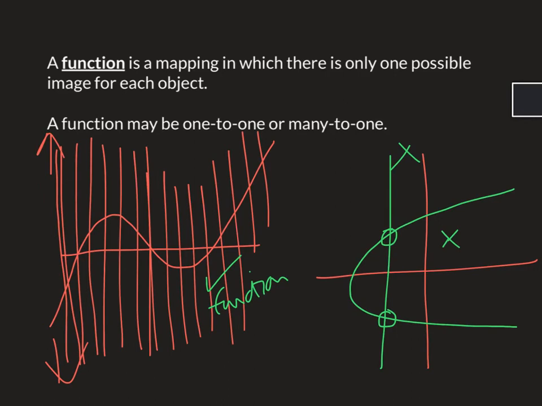But the crux of it is a function may be one-to-one or many-to-one. I've seen a question in an A-level exam which says, why is this not a function? And you would say something along the lines of, it is a many-to-many mapping. So it can't be a function because it's many-to-many. Or it's one-to-many, so it's not going to be a function. And that would get you like 1 mark.